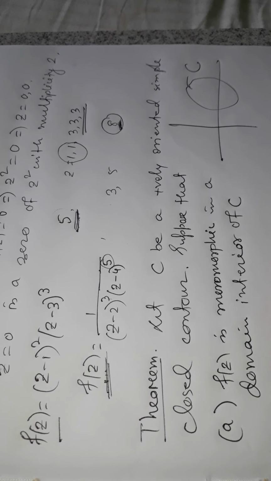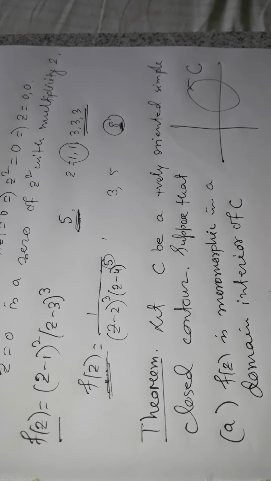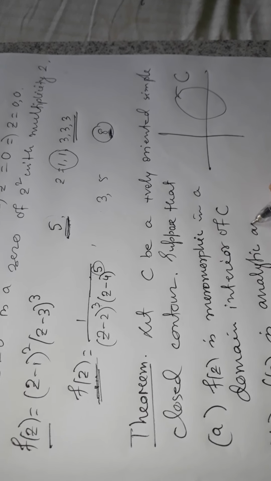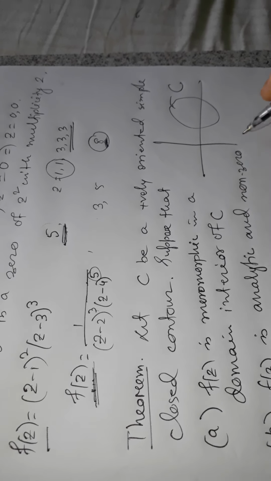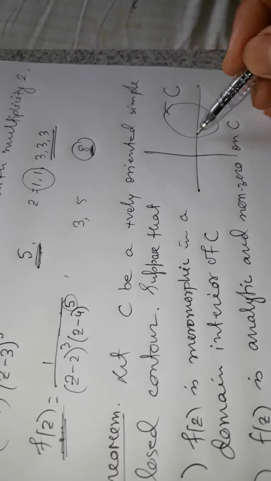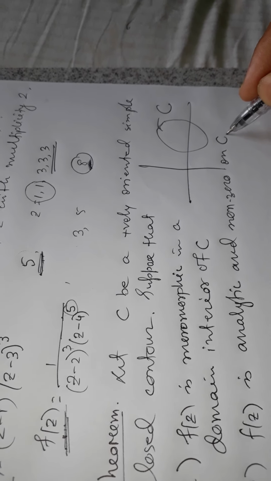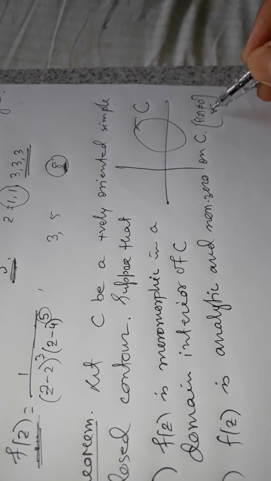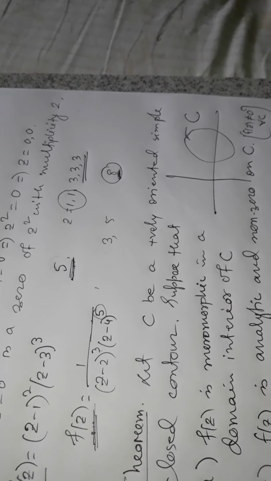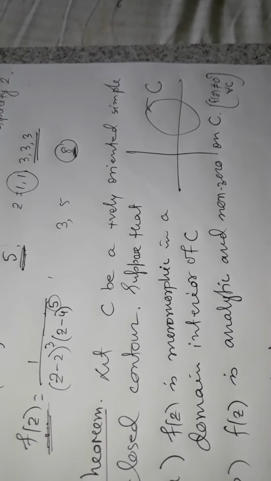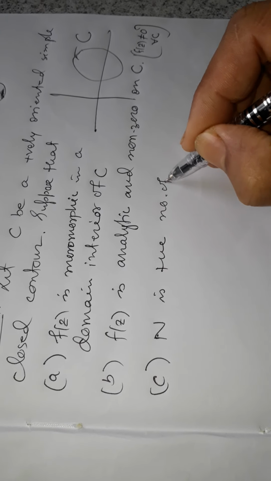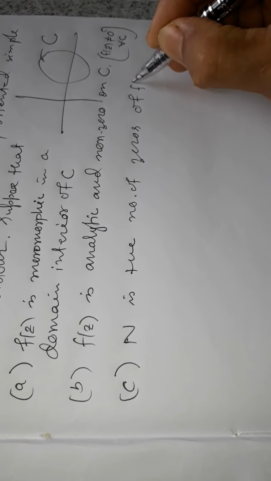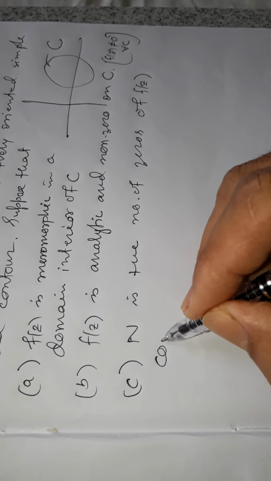Now condition B, the second condition, is that f(z) is analytic and non-zero on C. So f(z) is analytic on C and f(z) is never equal to 0 for all z on C. Condition C: N is the number of zeros of f(z) counting multiplicities.